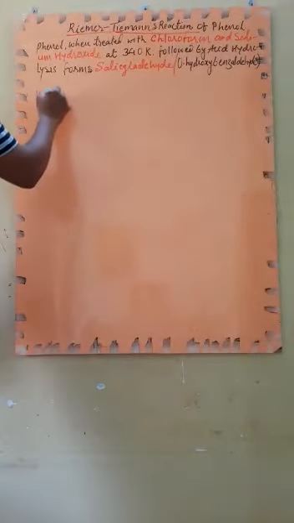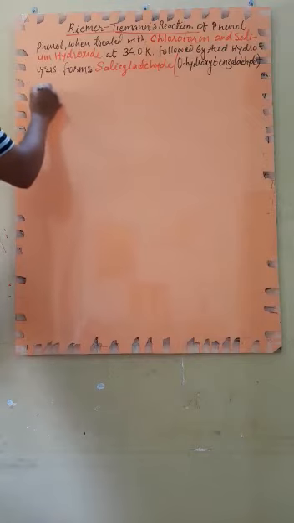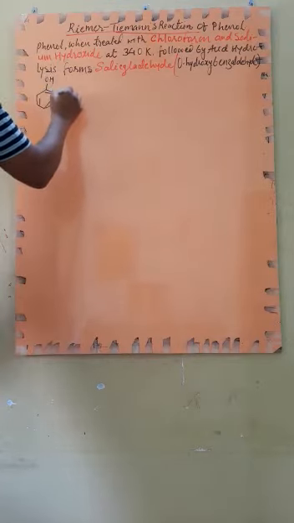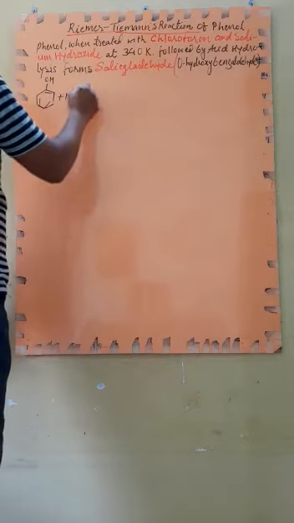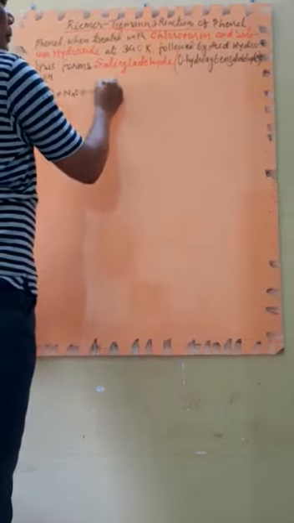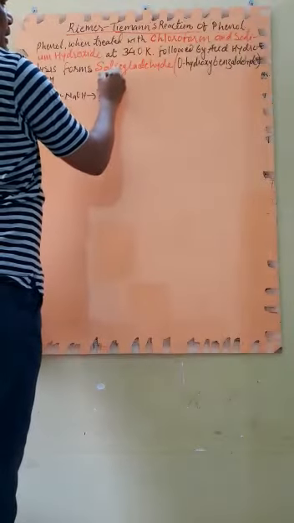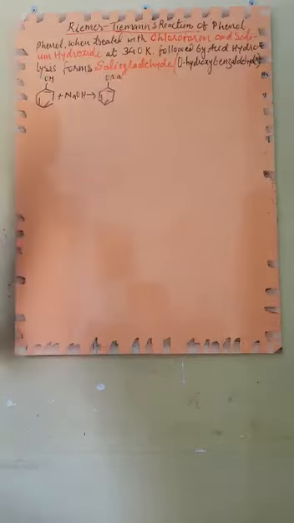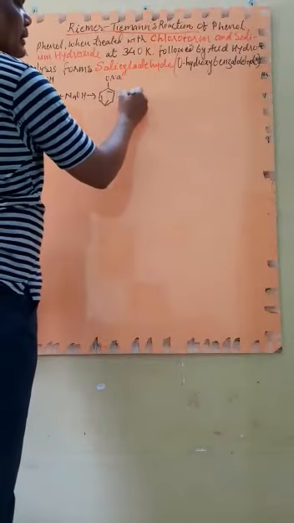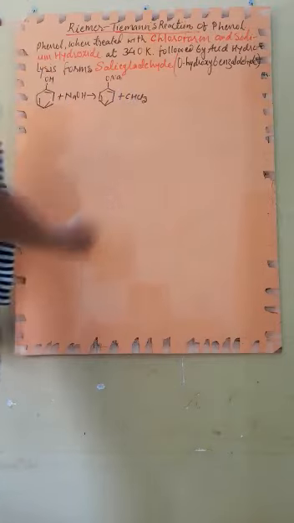Actually, the phenol is first reacted with sodium hydroxide, again to make the phenol more reactive, converting it into ONa, so that even a weaker electrophile like chloroform can attack on it. Therefore, first we are converting it into ONa and then the compound is reacted with CHCl3.